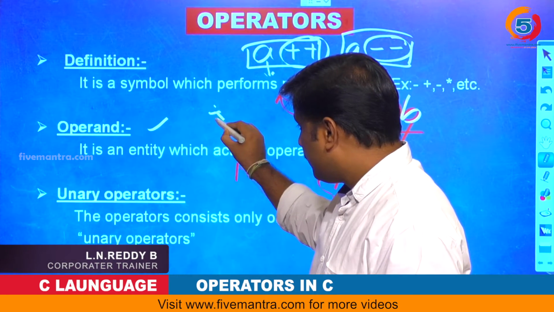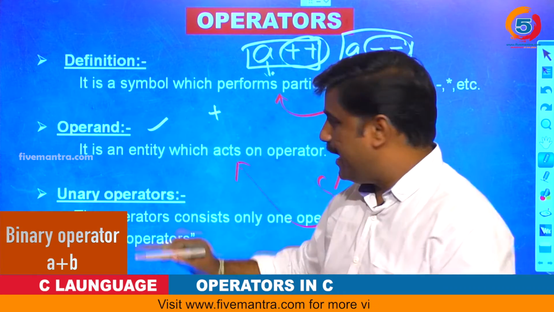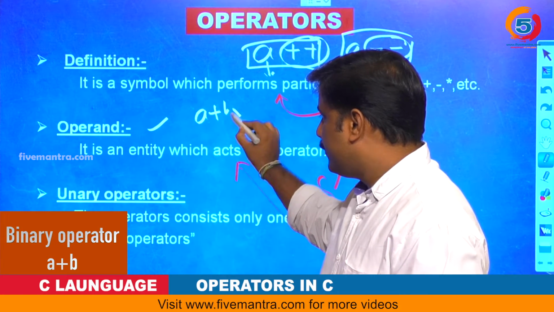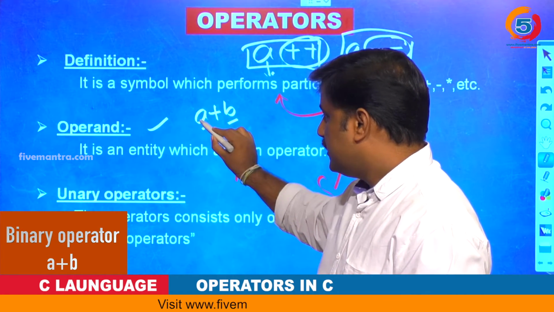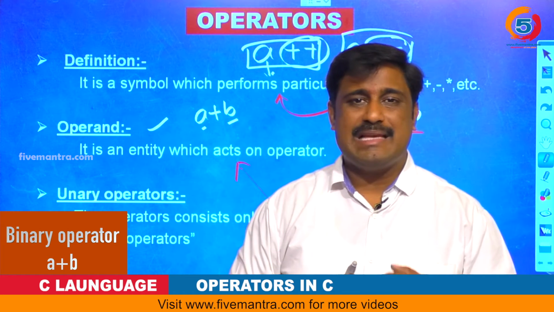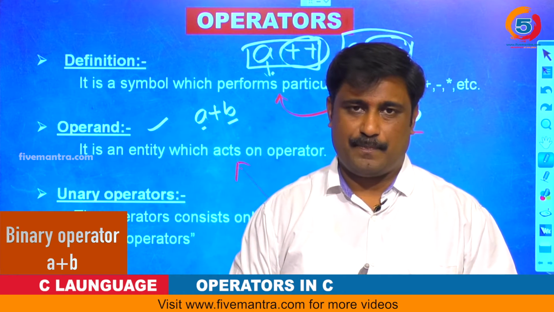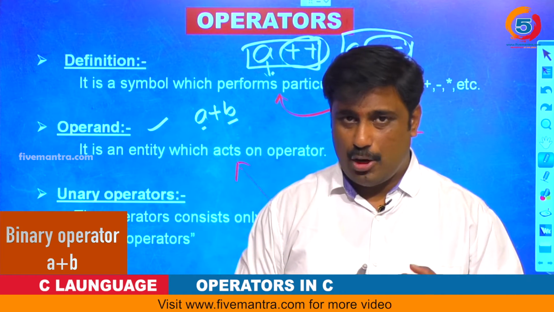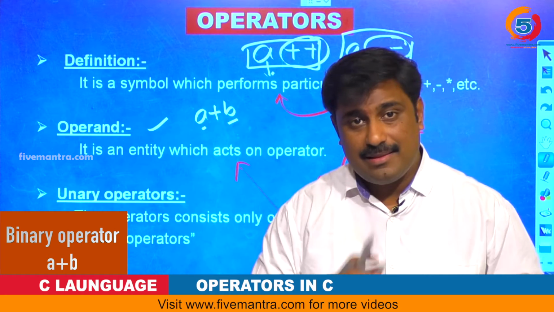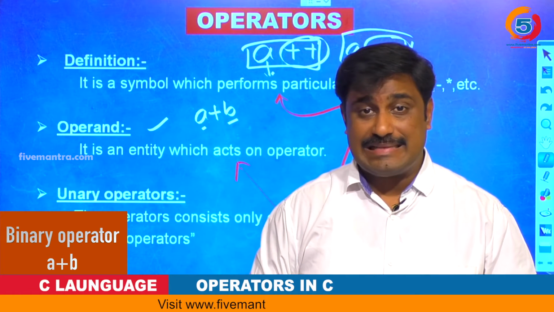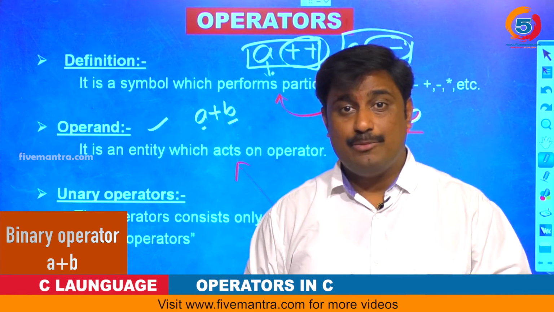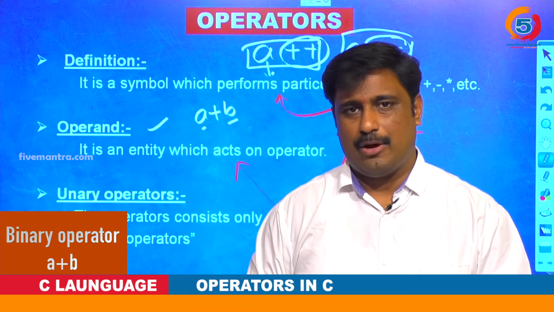An example is plus: whenever you want to do the addition, at least two operands are required, so this we call a binary operator. Then I have another one, that is the ternary operator, where I am using three operands.